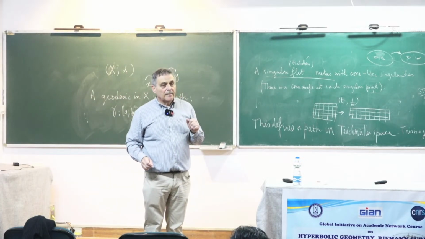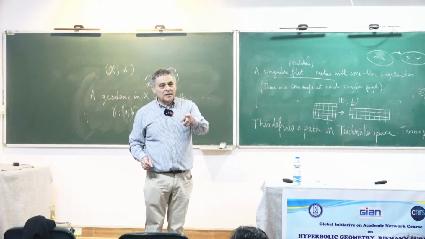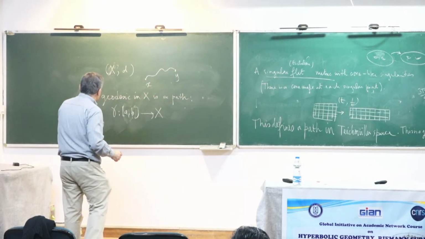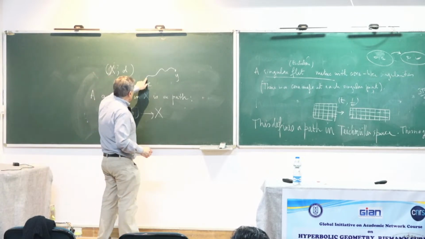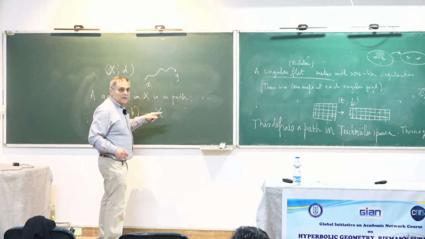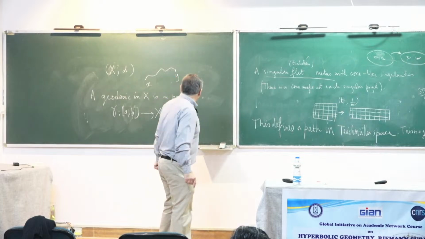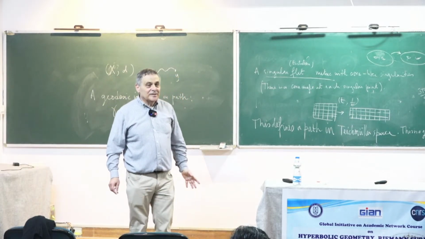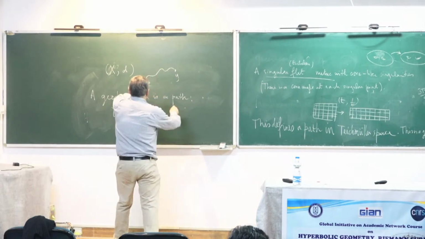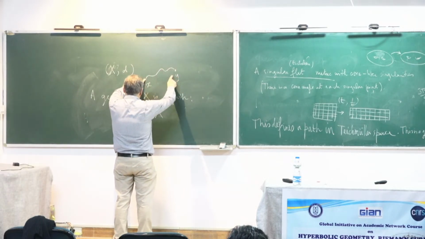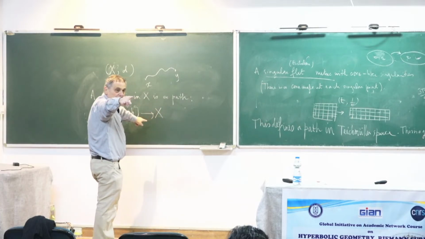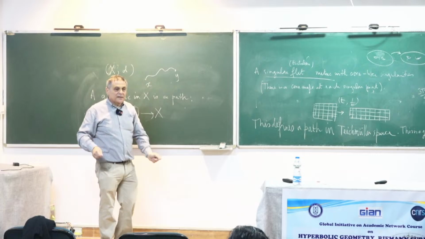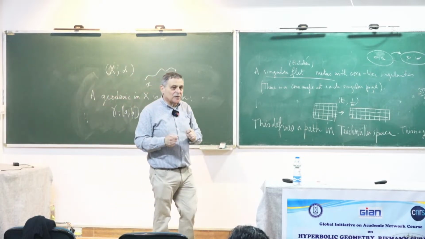The distance between X and Y. Your friend says that I want this distance to be the length of the path, right? This is what he said, and I said this is more complicated.